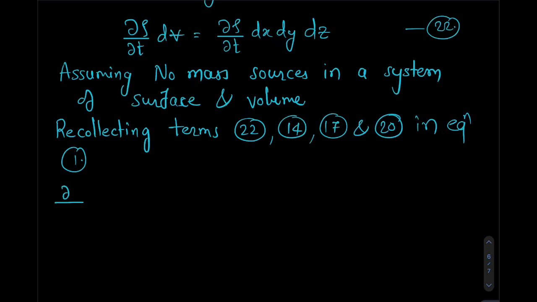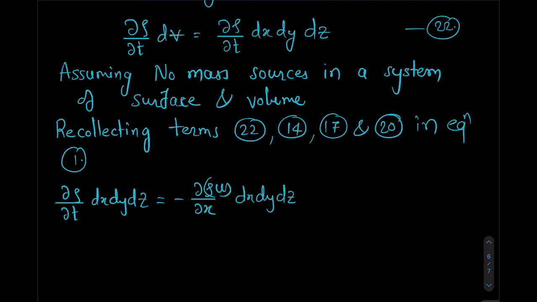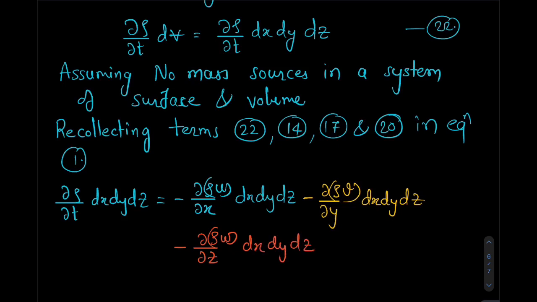So this comes out to be d rho dt dx dy dz equals negative partial over partial x of rho u times volume, minus partial over partial y of rho v times volume, minus partial over partial z of rho w multiplied by volume.